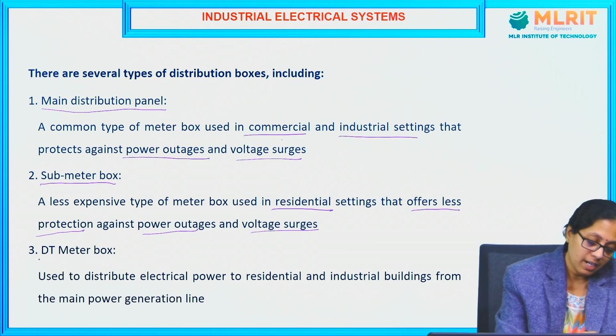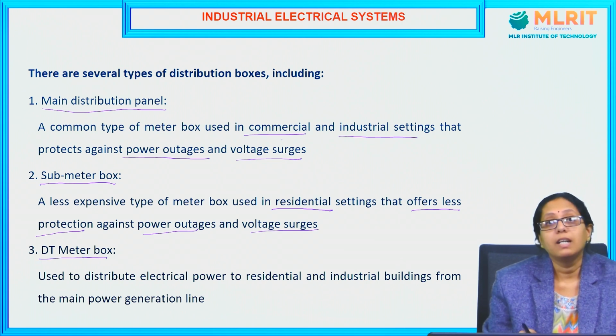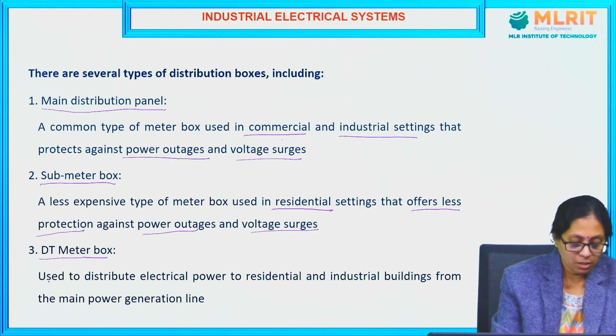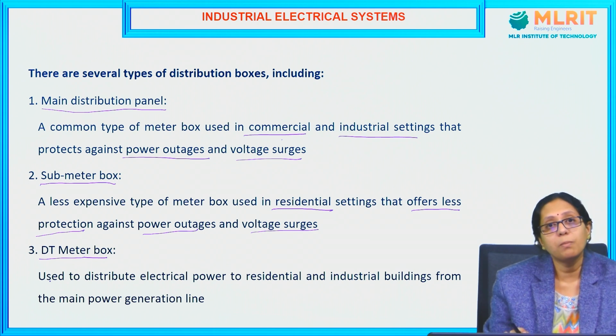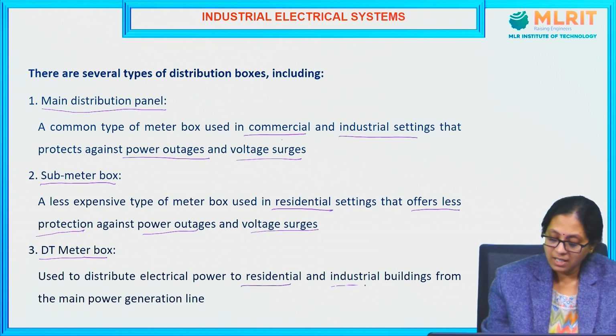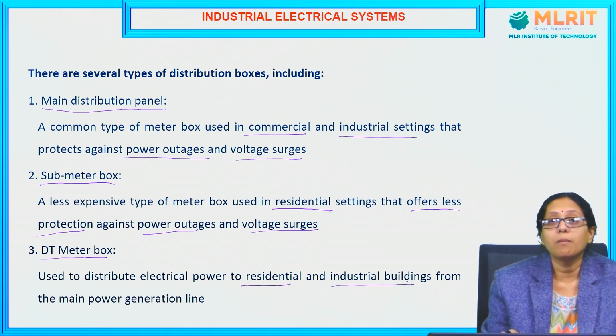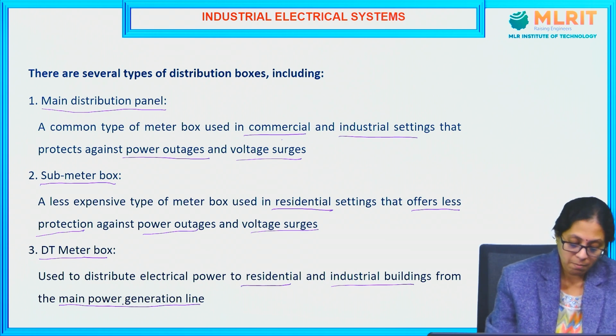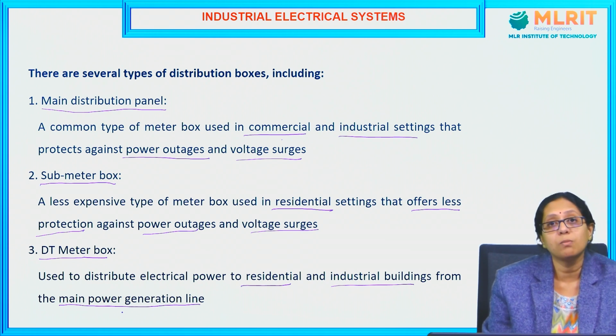Third one is the DT meter box. DT means distribution transformer, which is used to distribute the electrical power to residential and industrial buildings from the main power generation line.